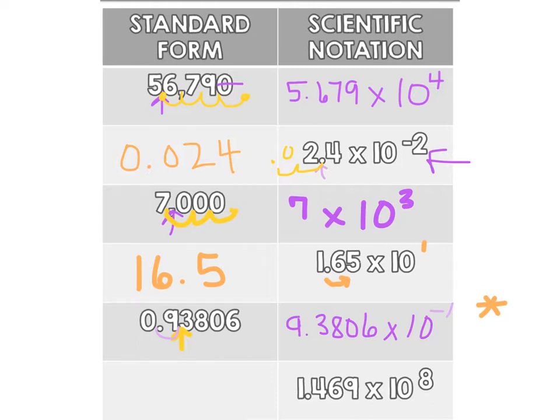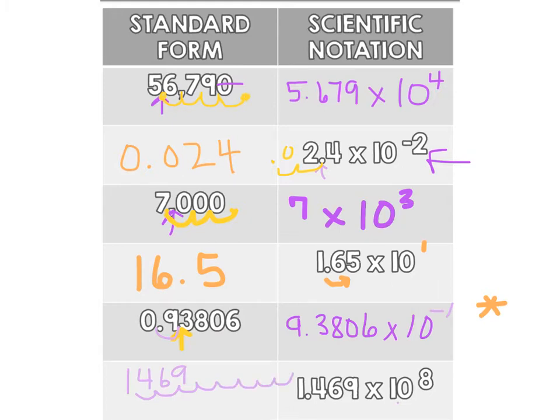Oh, and there's one more at the bottom of the page. Putting our last number into standard form, it's going to get 8 powers of 10 bigger. So we're going to move that decimal 8 powers of 10 bigger. So 1469, and then 8 powers of 10. 1, 2, 3, 4, 5, 6, 7, 8.